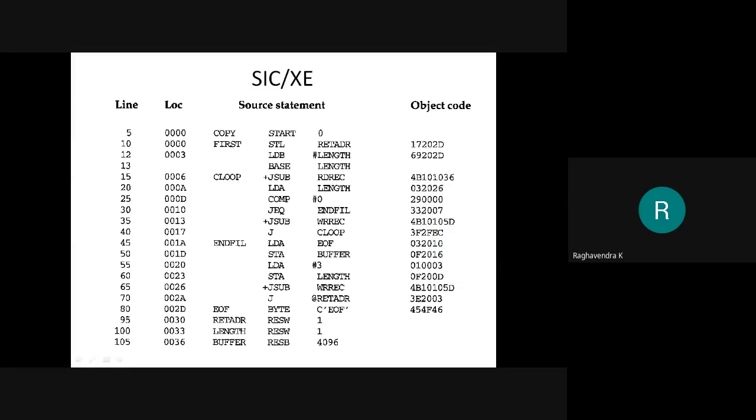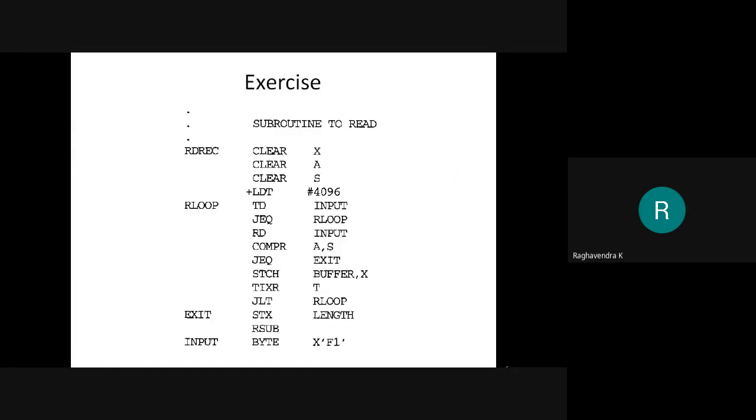Any doubts up to this point? If you have any doubts, you can put it in the comment box. If not, pick up your pen and paper and try to assemble this instruction.